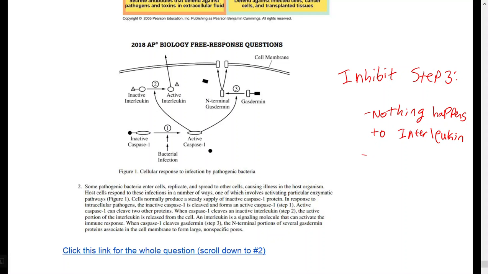Okay, so what happens to the pores? Well, if you inhibit step 3, the pores will not form. Wow, I can't believe I made that mistake.